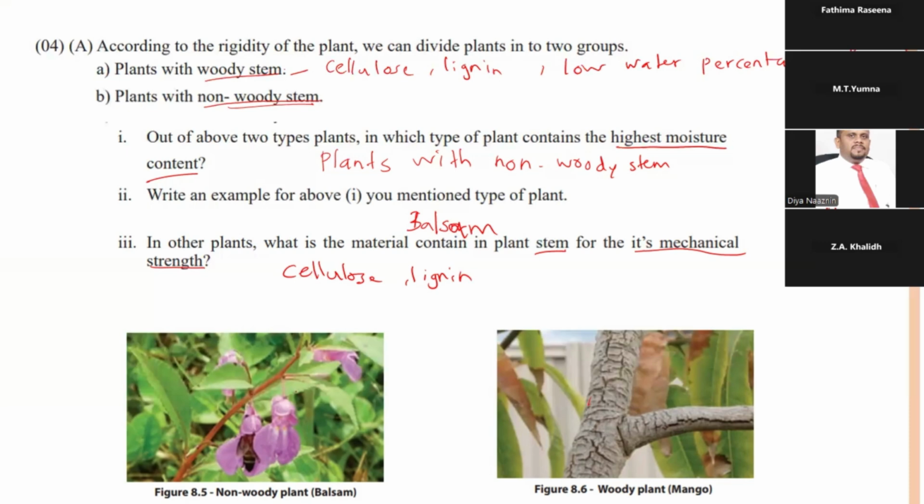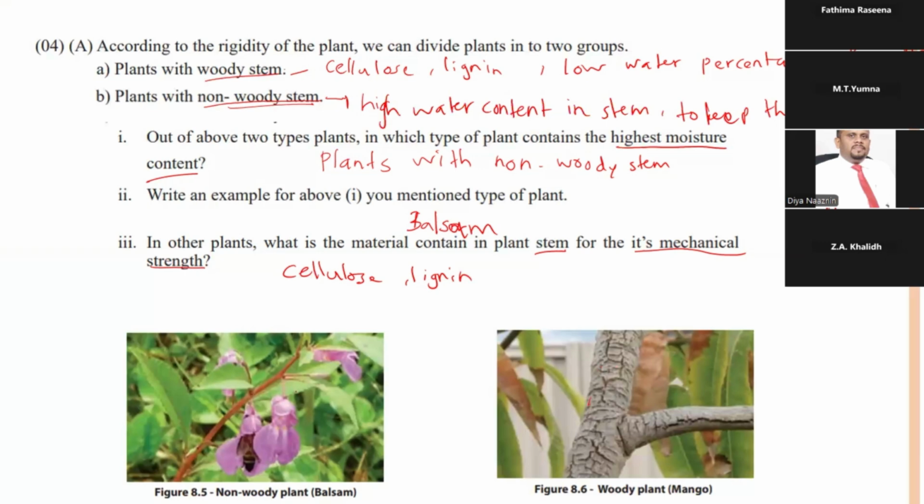When you come to a plant with non-woody stem, they have high water content inside the plant, the highest moisture, to keep them erect and alive. But there is not as much strength as a woody stem, like the mango tree, rambutan. All the other trees come into this. Even the coconut tree is a woody plant.